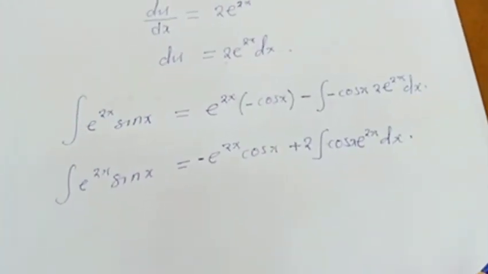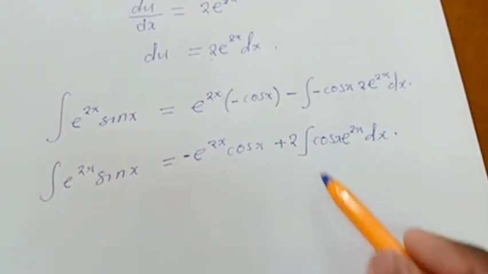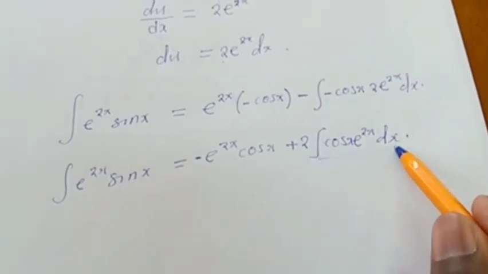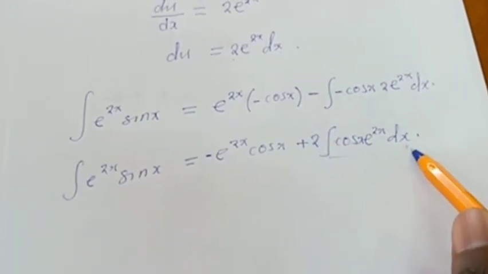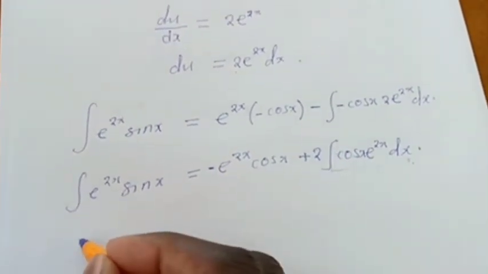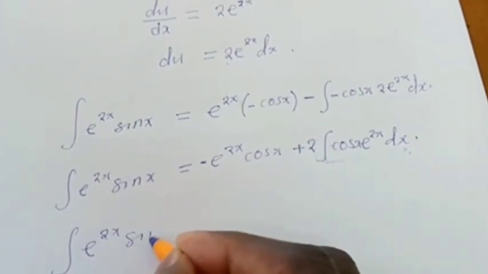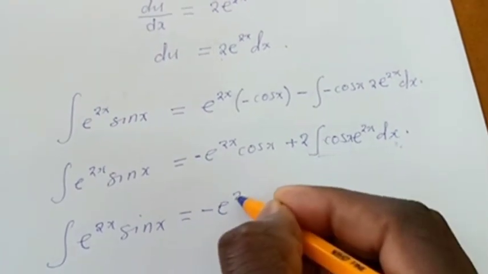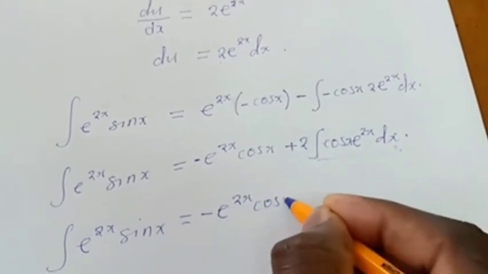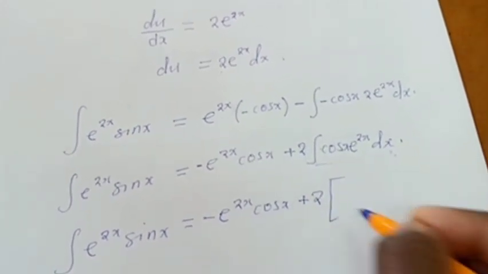Again, here you have to pick the part which you can integrate as well as differentiate, since we are having this one to be our part. But this is going to be multiplied by everything that we're going to do on that side. So this is going to be integral of e to x sin x equal to negative e to x cos x plus 2, and I put the big bracket.